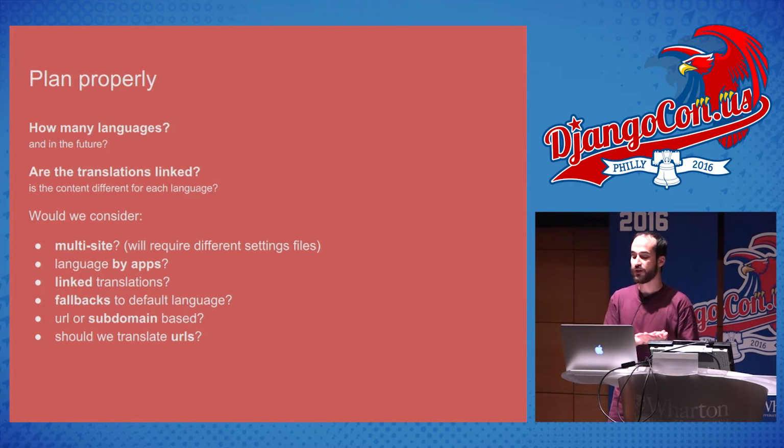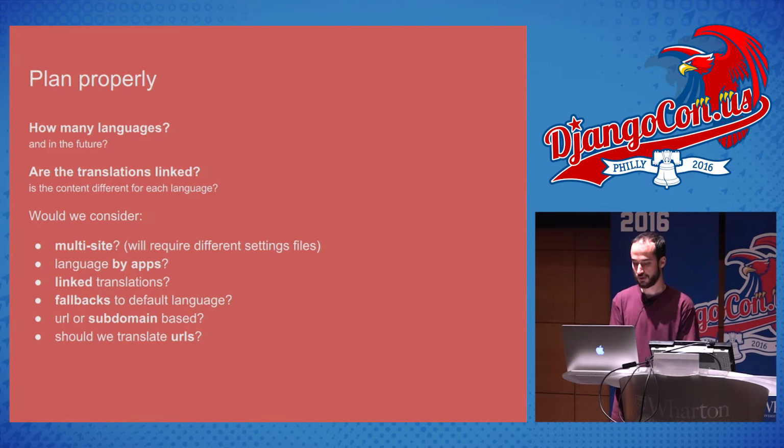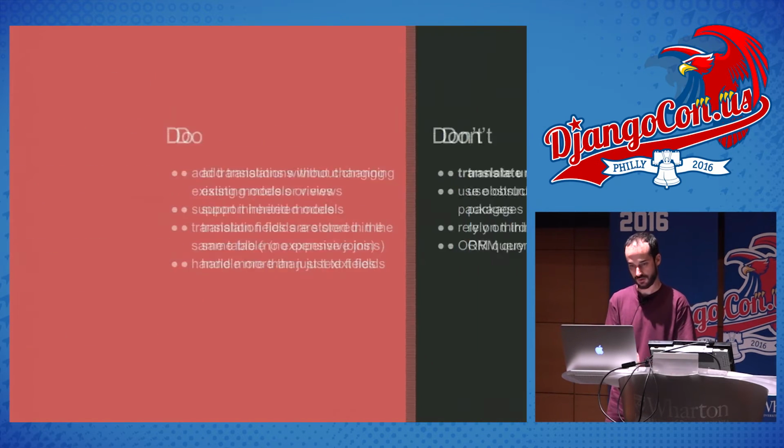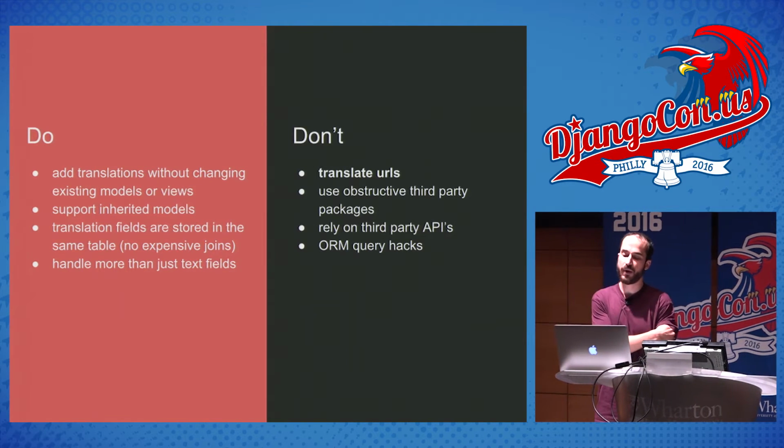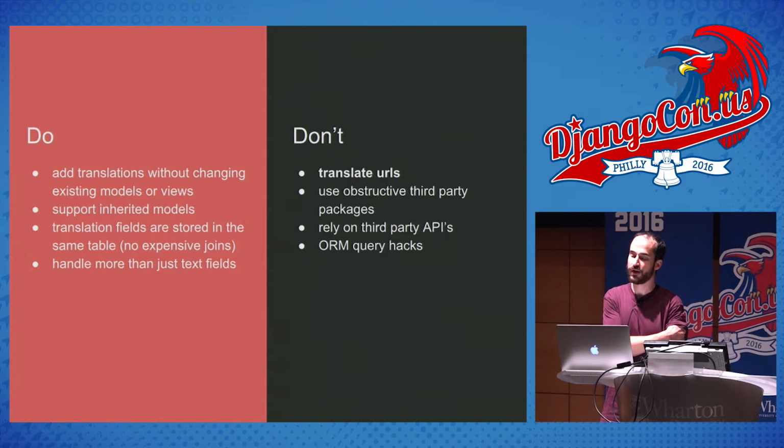So all of these considerations obviously depend on the specifications of the project. I would like to point out a few things that you should and shouldn't do. Always think about the simplest implementation. Don't overcomplicate things. Keep your system and dependencies as simple as possible.